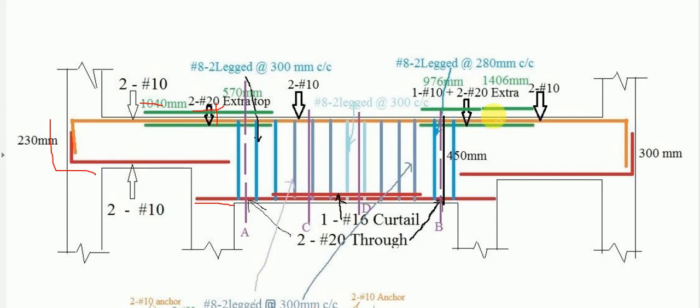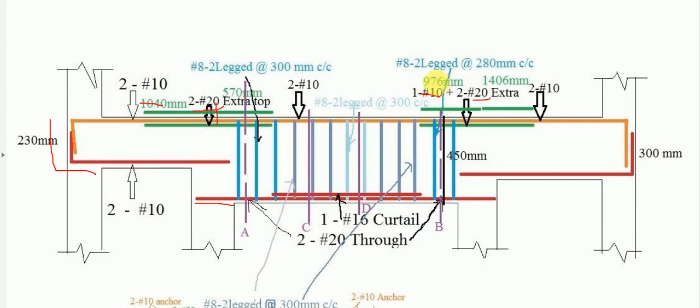Those 3 bars are 2 bars of 20 mm plus 1 bar of 10 mm. So these are the extra top steel bars at support, and again at support B we have calculated their curtailment distance. So into span CD it is provided with the distance of 1406, and into span BC it is provided with the distance of 976.